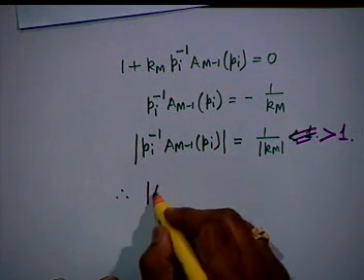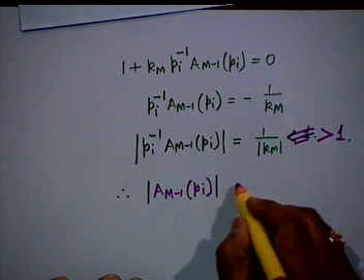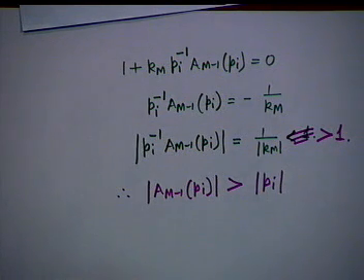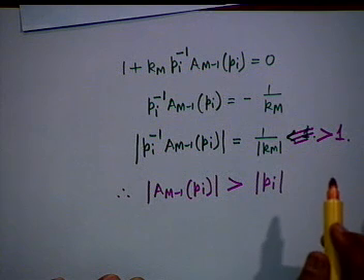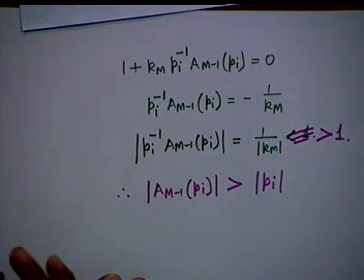Therefore, magnitude Am minus 1 Pi is greater than magnitude Pi. All right? Okay? There is a Pi inverse, and it should be greater than Pi. Agreed?